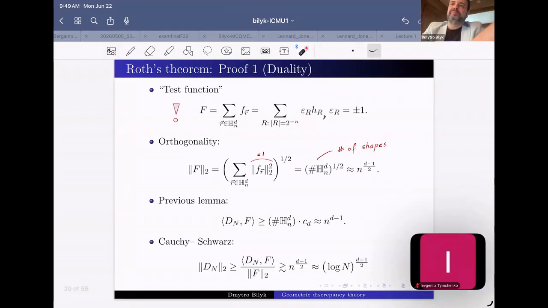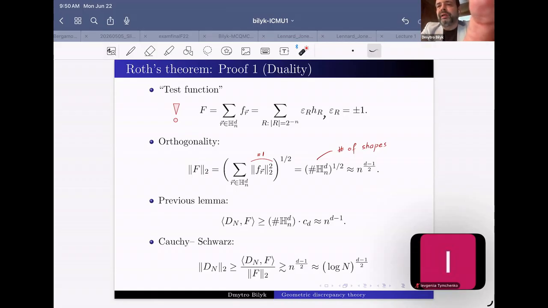If you want to extend this to the LP norm, if you want to put P here, you would need the LQ norm, the dual norm of F. So you would need to understand how to compute the LQ norm of F. Unfortunately, you cannot use orthogonality anymore, but there is a theory that actually lets you do that, the so-called Littlewood-Paley theory, which tells you that the norm of this function in other LP spaces is also of the same order.